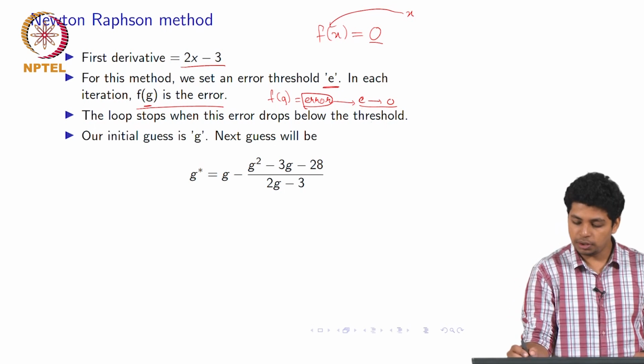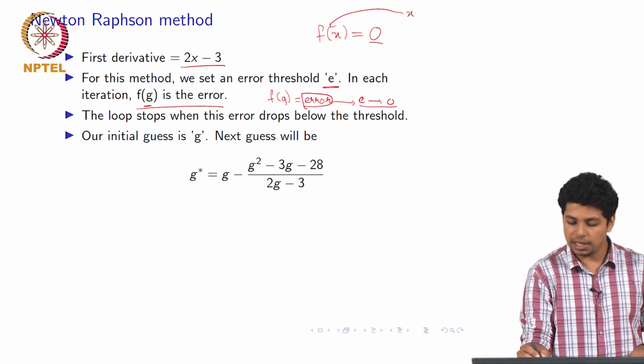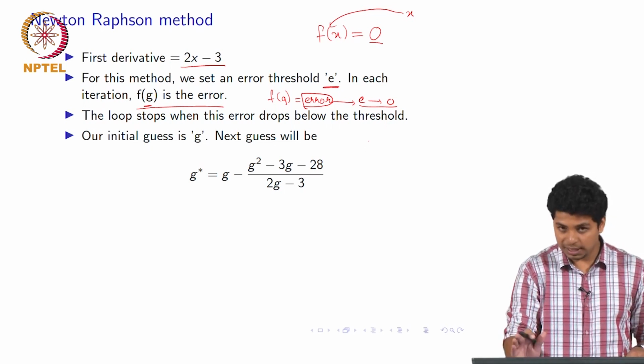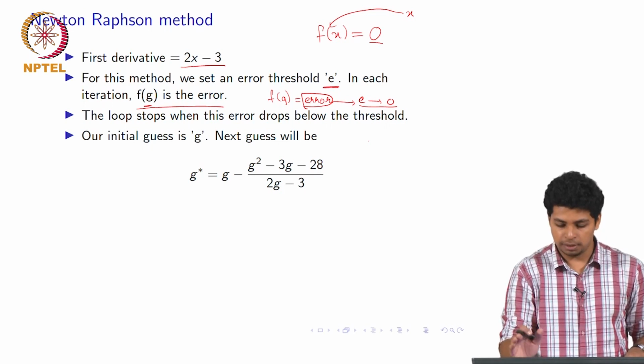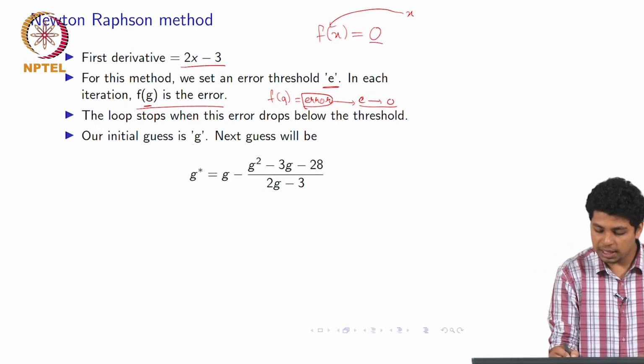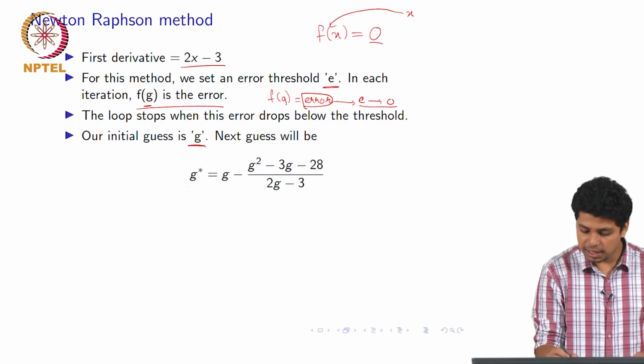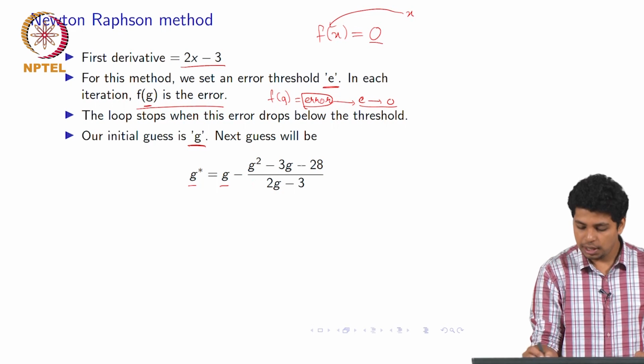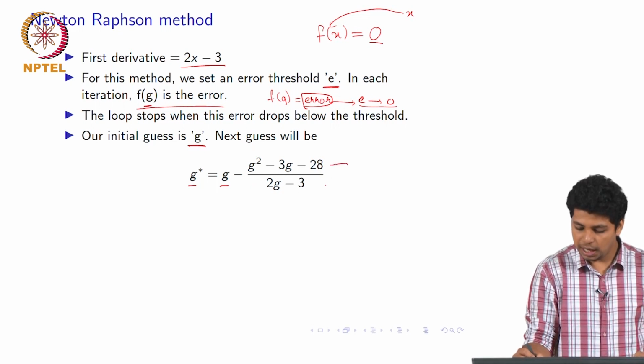So that is why we want to set a threshold for the error, and as soon as the error falls below that threshold, we will accept that g as our guess as close to the solution as we want. So say our initial guess is g, the next guess will be g minus f of g divided by f dash of g.